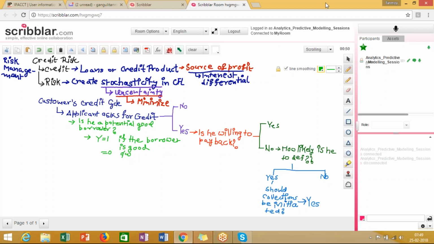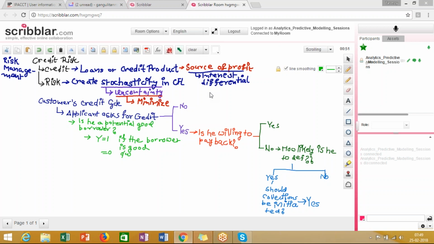So basically, y is my dependent or my target variable, right? Generally in the statistical paradigm, all independent variables are talked about as x, and all dependent variables are talked about as y. So this y is equal to 1 if the borrower is good, and equal to 0 otherwise.